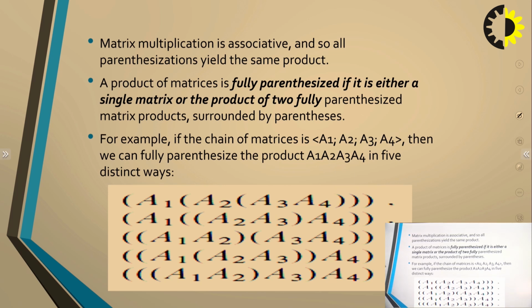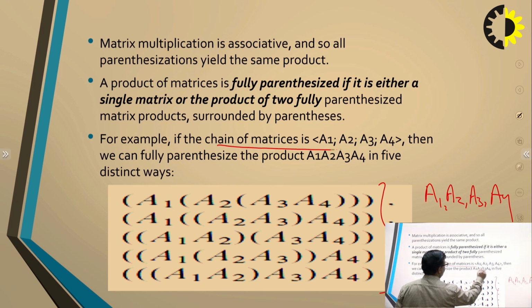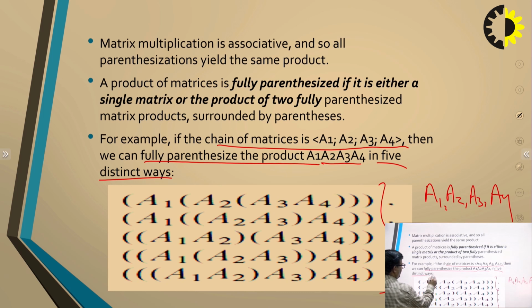Suppose that we have 4 matrices A1, A2, A3 and A4. For example, if the chain of matrices is A1, A2, A3, A4, then we can fully parenthesize the product A1 A2 A3 A4 in 5 distinct ways.